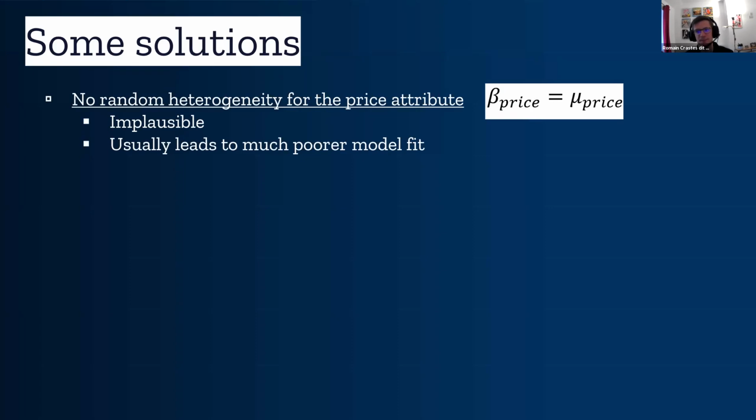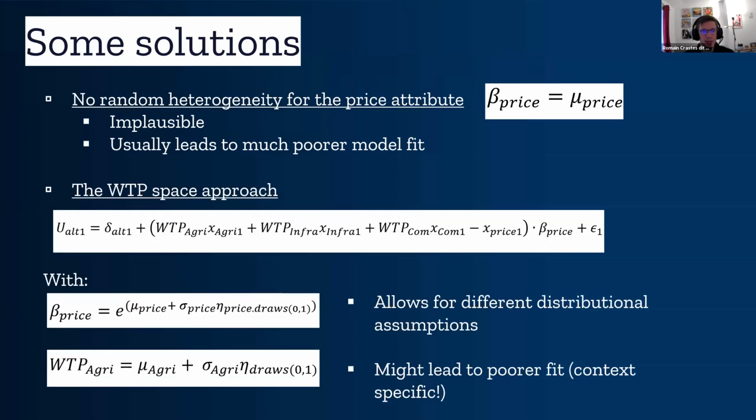There is the willingness to pay space approach, where instead of estimating the utility for each non-monetary attribute and deriving the willingness to pay from the utility, you estimate the willingness to pay for each attribute directly, and you can, if you want, derive the utility.